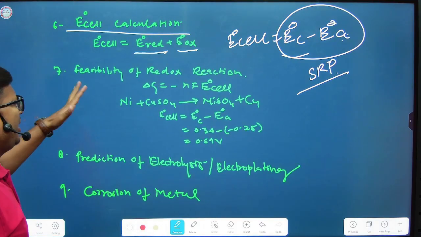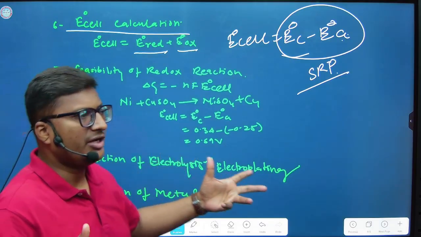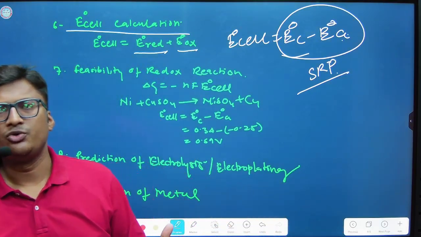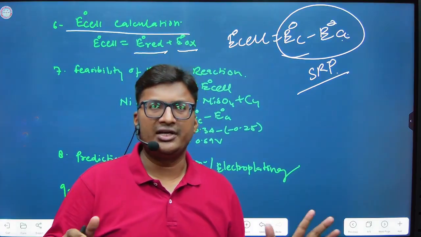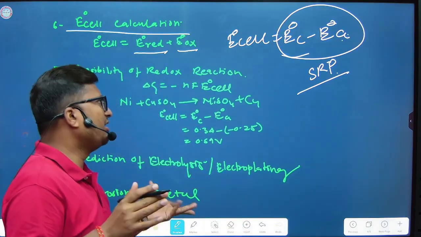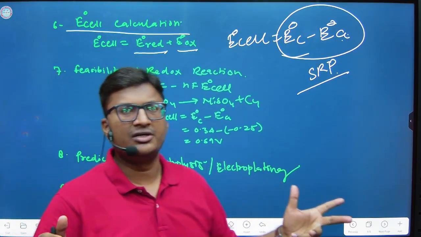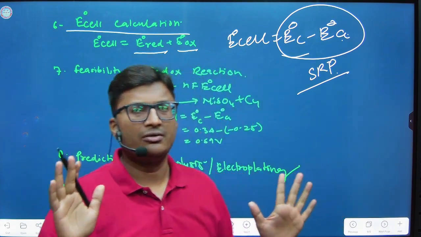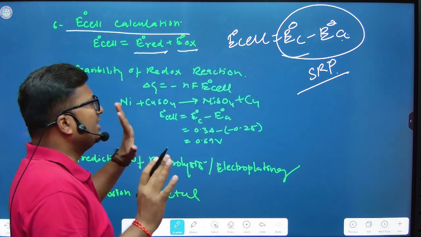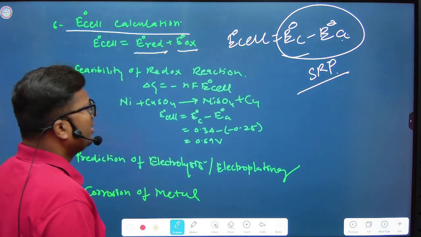There are various combinations of metals to get the electrochemical cell, and we can get the resultant standard cell potential, like the galvanic zinc copper cell, where we calculated E cell as 1.10 volt.